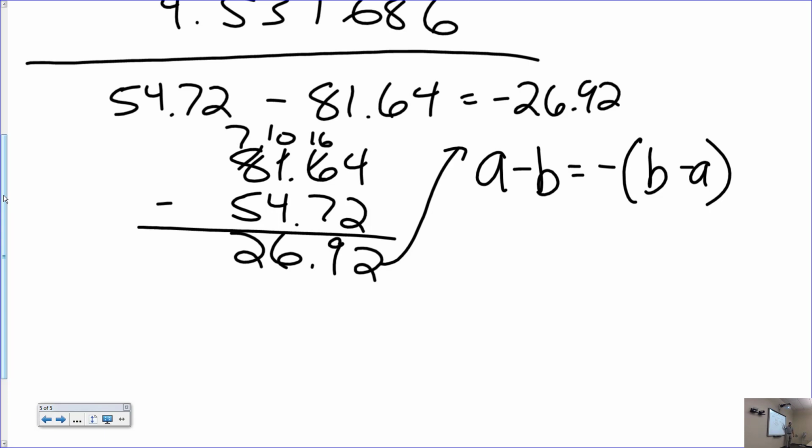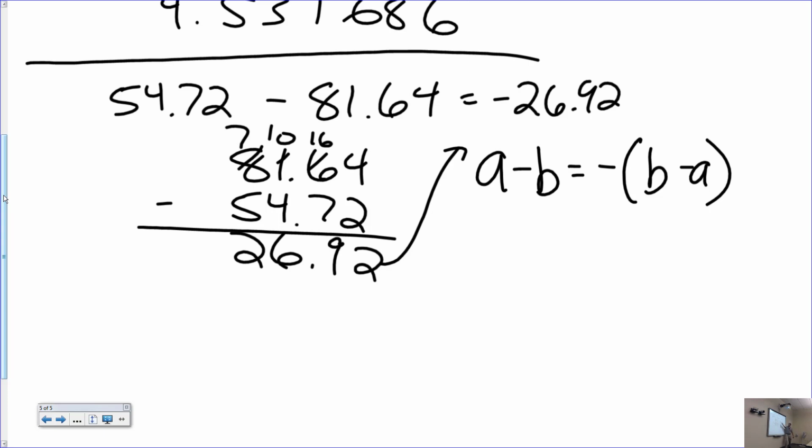If you subtract two numbers, it is the same as taking the negative of the numbers reversed. Think about distributing this negative sign. What does it become? The negative hits the b, that's a minus b. When the negative hits the minus a, what's negative a? Positive a, so it's negative b plus a, which is the same as a minus b.